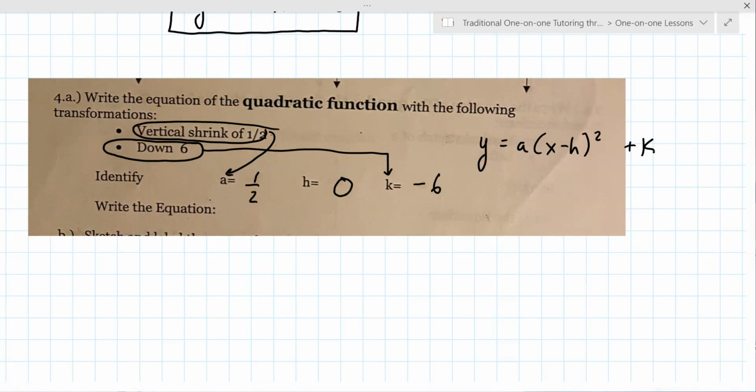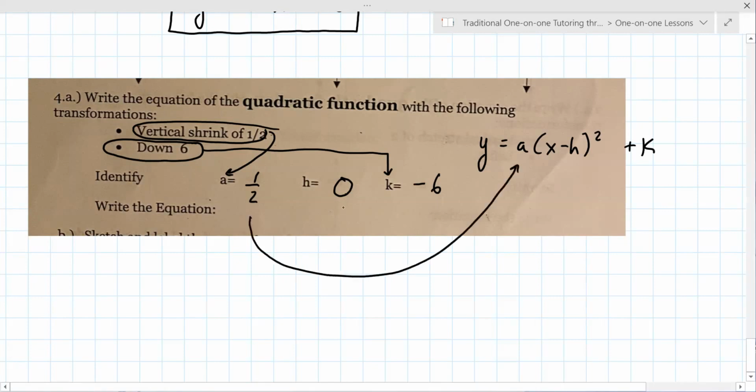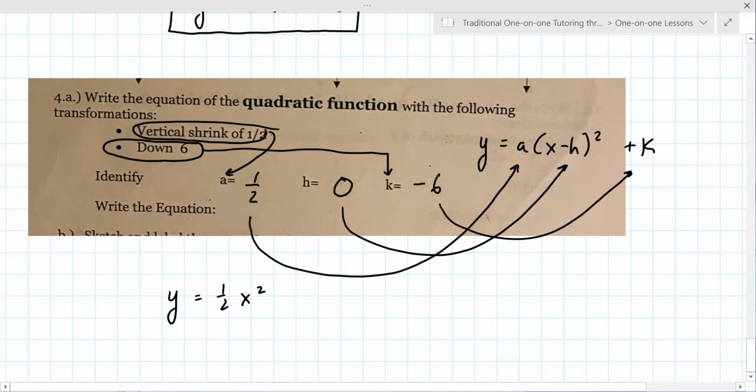All right, so let's substitute these values in here. A is 1/2. It equals 1/2 x squared -6. Okay, because k is -6.